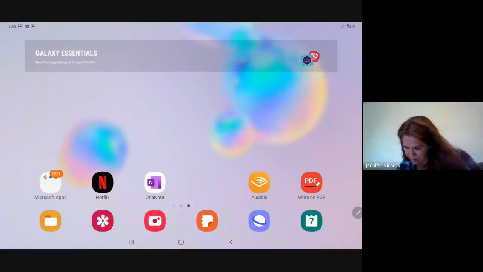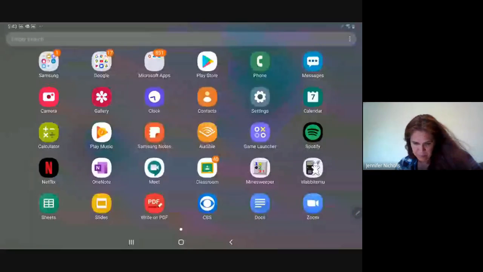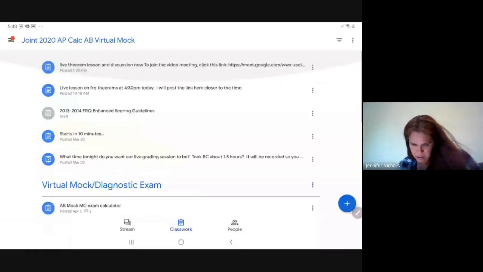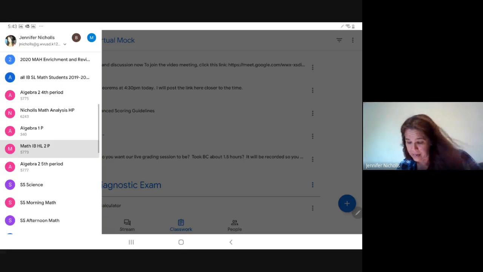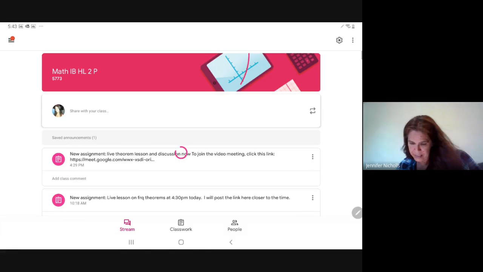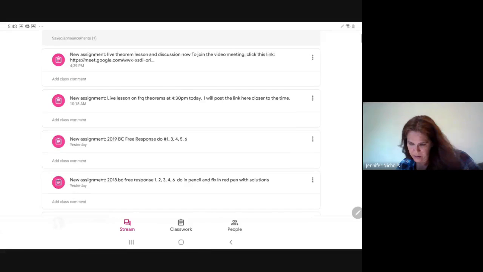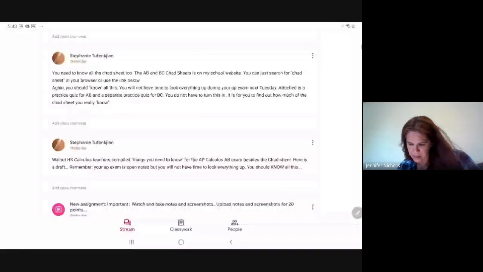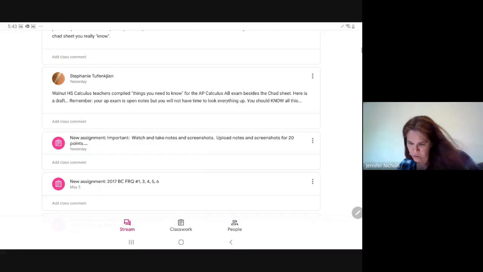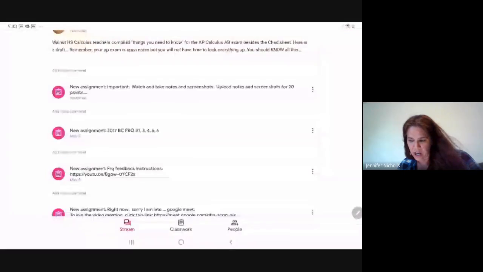Let's check the BC one that I posted the other day. Let's go into my HL class, and this will answer your question, because if they have one for BC, they definitely have one for AB. Okay, so I was here: live lesson on theorems, free response, BC free response, print out the cheat sheets, print out the thing you need to know, watch, take notes, and screenshots.